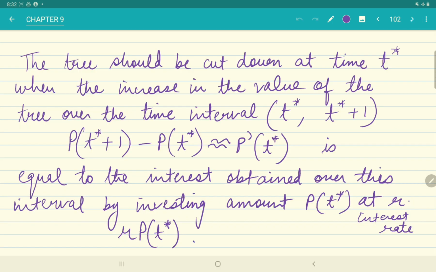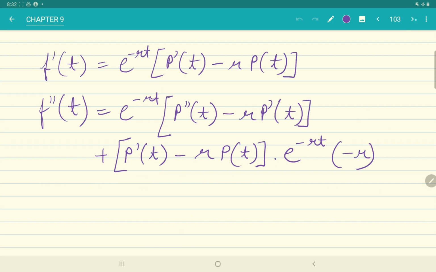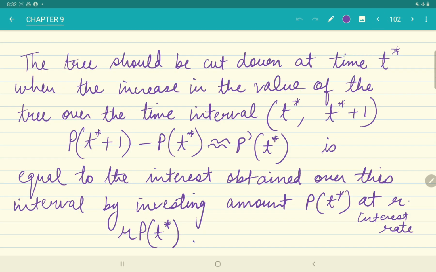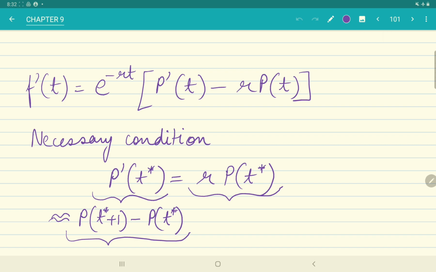So that's exactly what we do. And if we go for f double prime t star, for that we put t star everywhere, and then we see that this term will be 0, because I know that P prime t star is equal to r p of t star.